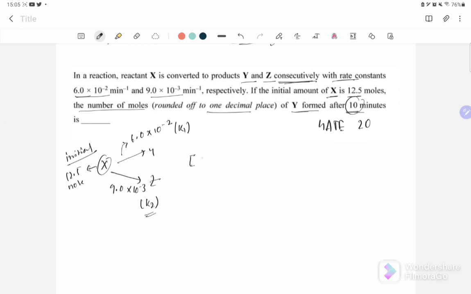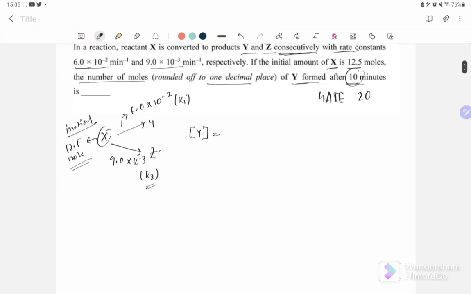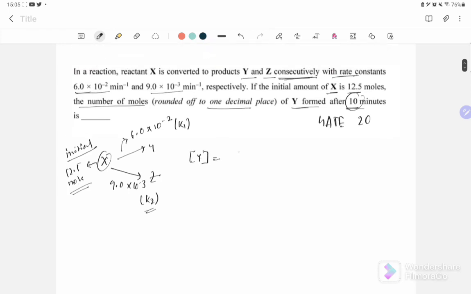The concentration, or here the mole number, so the answer will also be in moles, of Y, since they asked about Y, will be K1 times A0, the initial concentration of X, by K1 plus K2, times 1 minus e to the power minus K1 plus K2 into T.